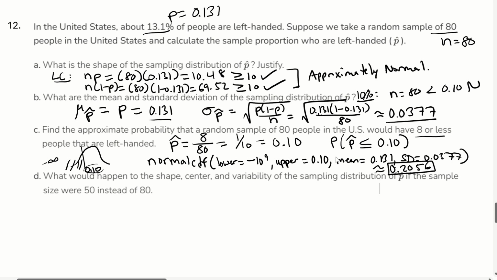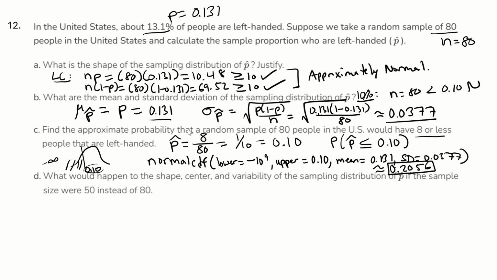Now, since this is a free response, on the AP exam you can use the normal distribution to approximate it. Technically you can also use the binomial distribution here, and then you would get about 0.26 if you did the binomial.